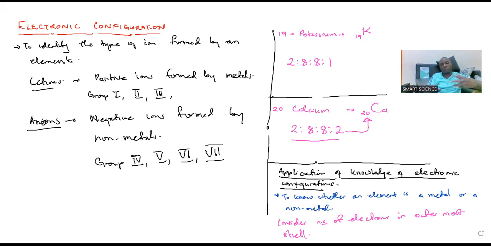So that's how we are going to be using the information of electronic configuration to try and answer as many questions as possible. In our next episode, we are going to see how these ions are formed, and we are also going to look at chemical bonding.